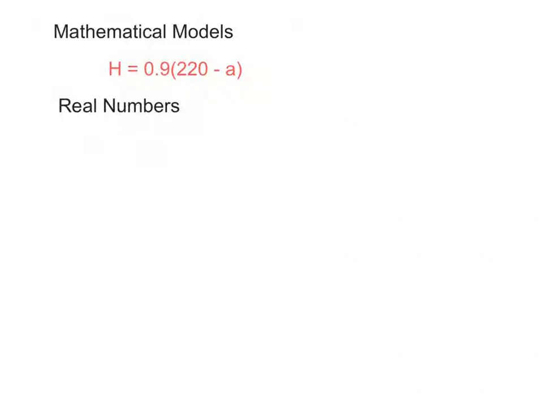Now, one way we can represent real numbers is by means of a number line. This basically is a graph representing all the real numbers. Now, this blue line which I've drawn here represents a number line.